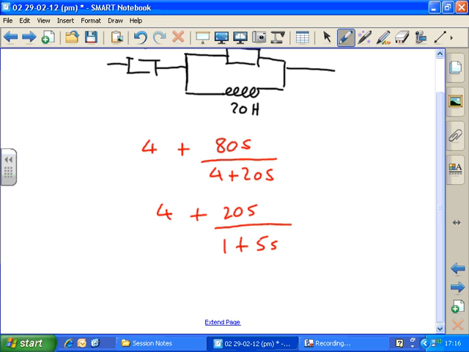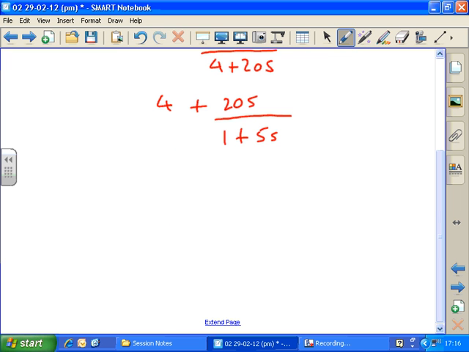So now actually I do want to try and combine these things, but I can only add fractions, as Gemma says, if the denominator is the same. So here's the trick. This trick does not only apply to Laplace transforms, this is an algebraic trick to add fractions like this. I want the denominator of this left-hand part here to be 1 plus 5s. So I divide 4 by 1 plus 5s, but I've also got to multiply by 1 plus 5s.